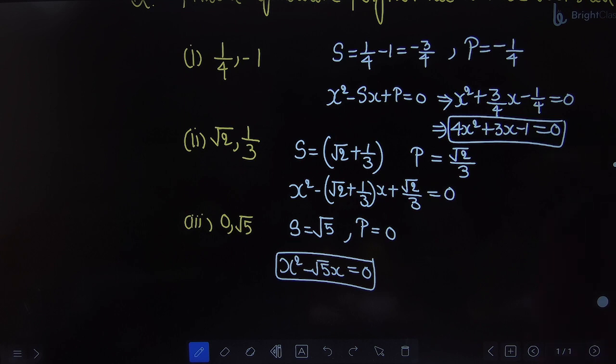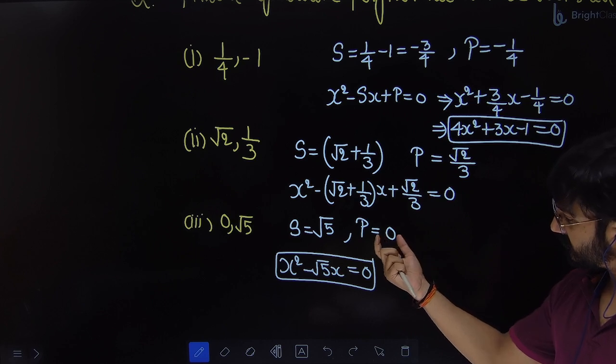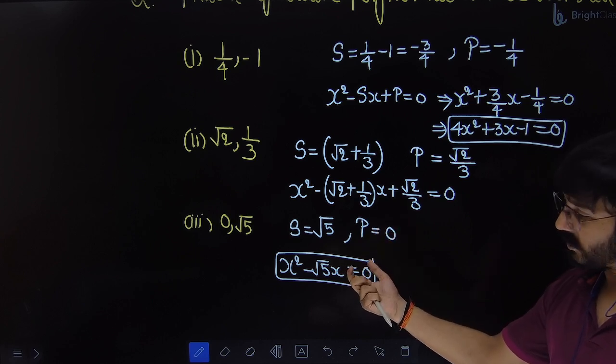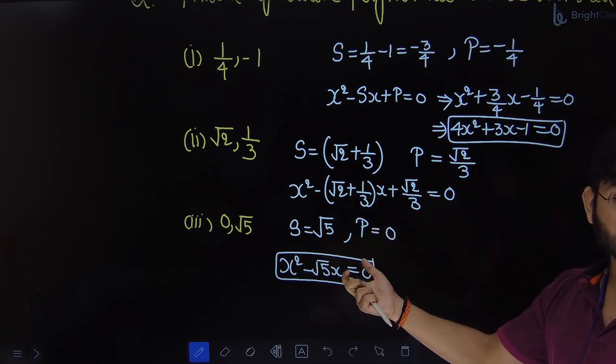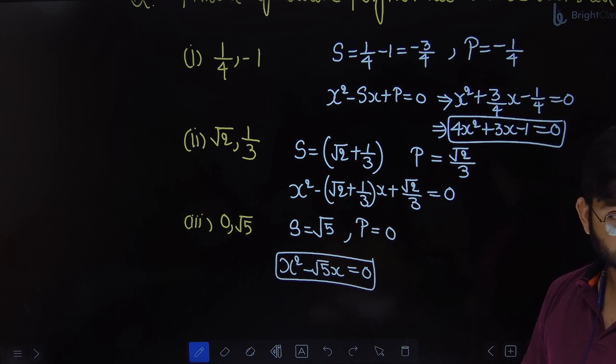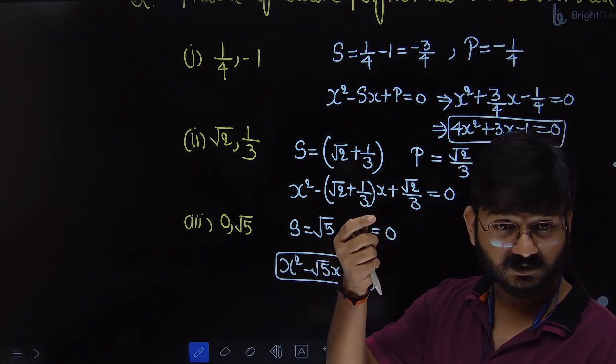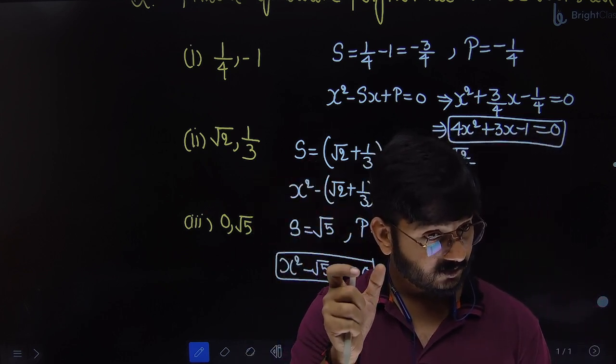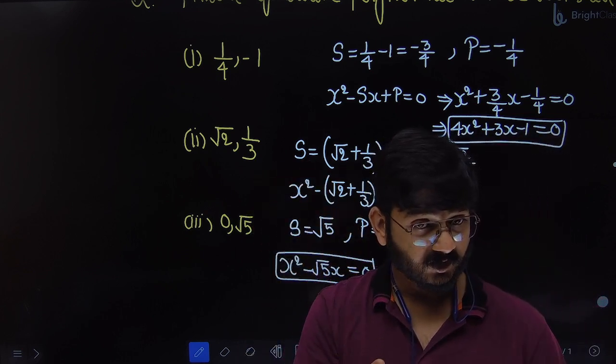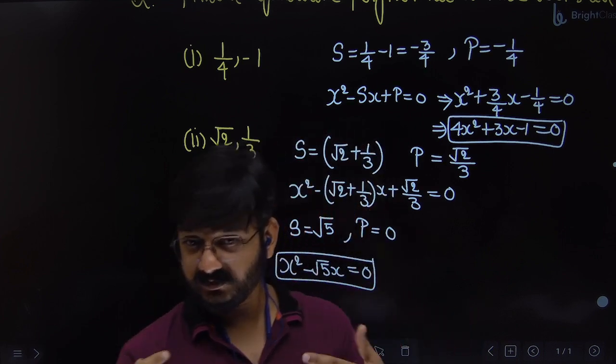So what do you notice in this equation? If product is 0, all of you listen to me, this is just an observation here. If the product is 0, there will be no constant term in the quadratic equation. Because what is the product of roots? Constant by coefficient of x squared. So if product is 0, it means constant term should be 0.